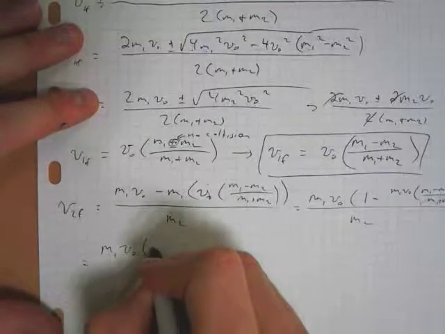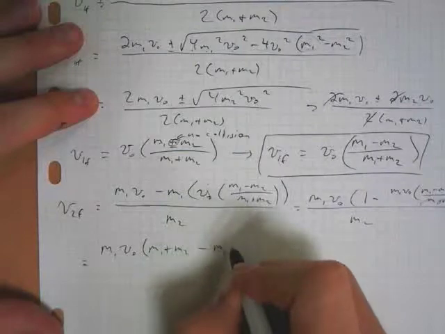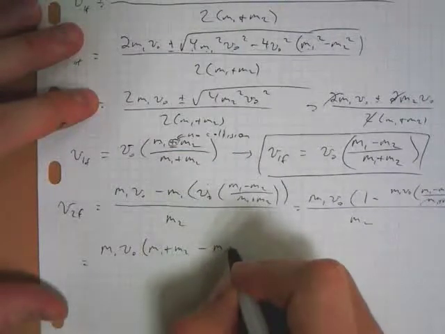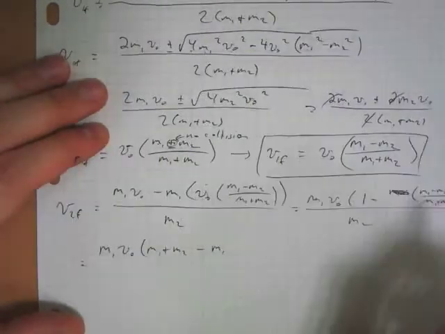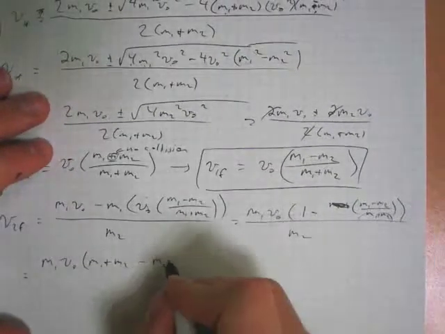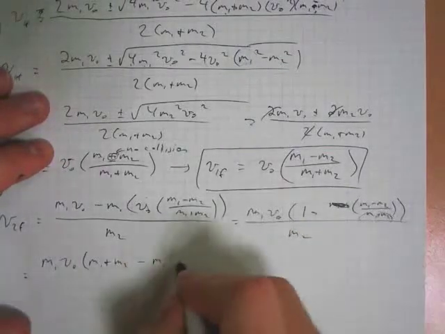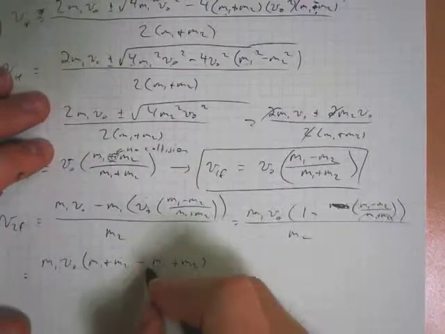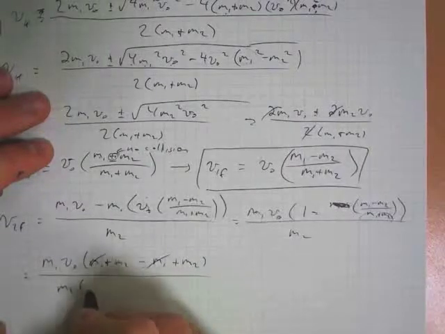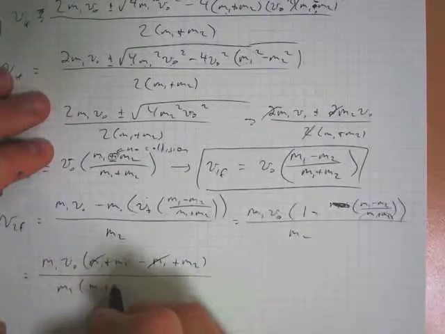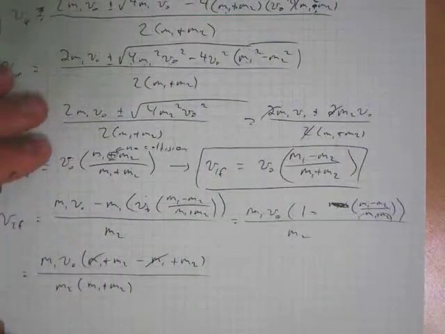Whoops, I factored m1 v0 out, so it shouldn't be here. We have m1 plus m2 minus m1 minus m2, so the negative distributes, that becomes plus m2. The m1's cancel out. And in our denominator, we have m2 times m1 plus m2. We multiplied the numerator by m1 plus m2, so we have to multiply the denominator by m1 plus m2.